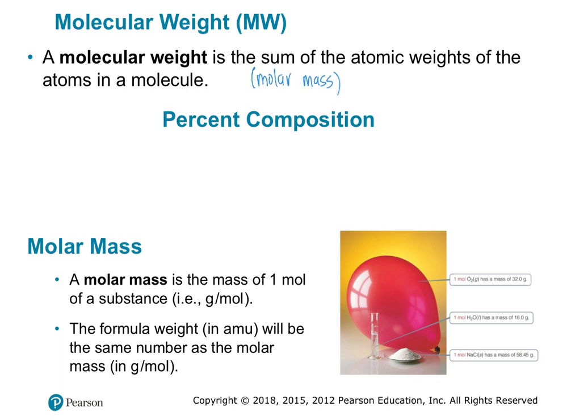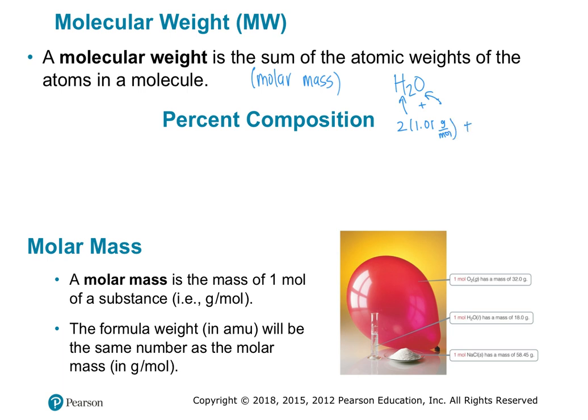So what you do is, if we had something like water, H2O, to find out how heavy that is, we take the mass of the hydrogens plus the mass of the oxygen to get our total. So I have 2 hydrogens, and if we look on the periodic table, they weigh about 1.01 grams per mole. That's our molar mass.